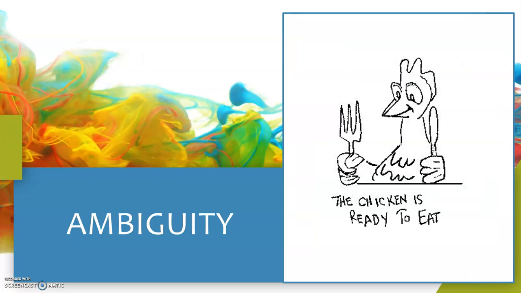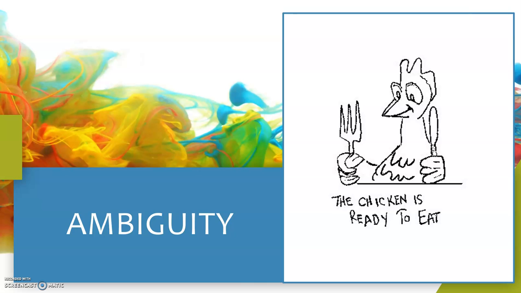The second aspect of this video is looking at ambiguity. Now, ambiguity is when something has two interpretations. It's usually unintended, and it can often be a result of incorrect grammar or punctuation. So here in our example, we've got the statement, the chicken is ready to eat.